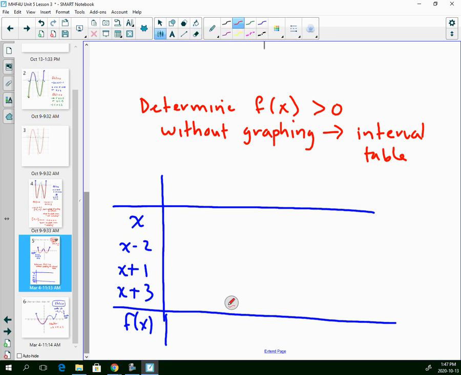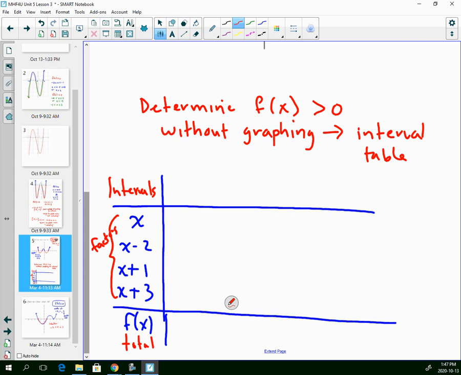So f of x is the whole graph, right? It's all those factors together that gives me the polynomial function f of x. So that's kind of like the total. Here are the factors. Across the top, we're going to write the intervals that we want to check. What do I mean by that?